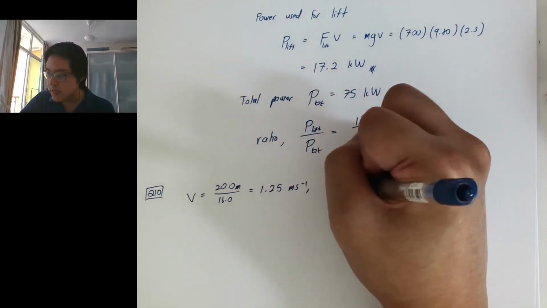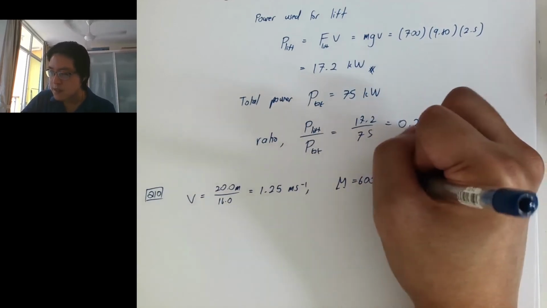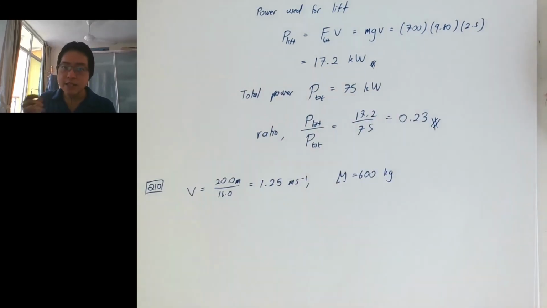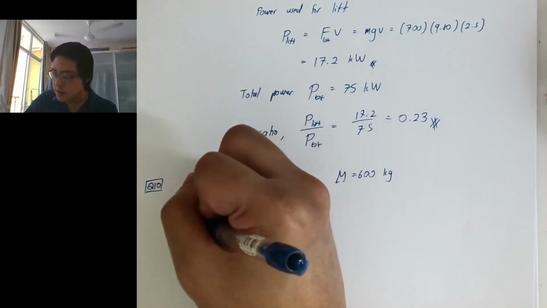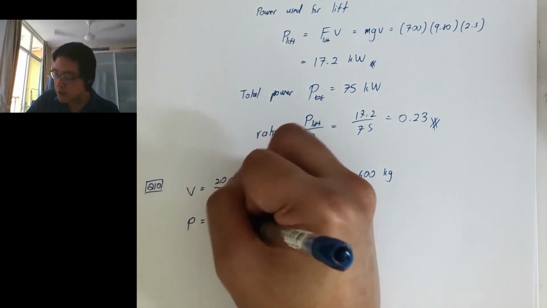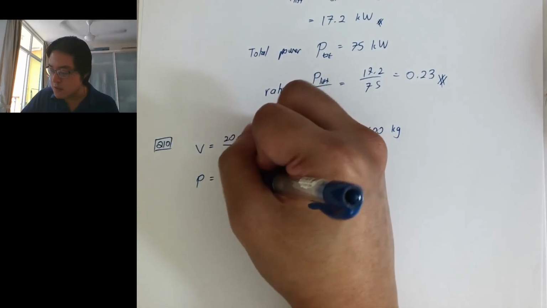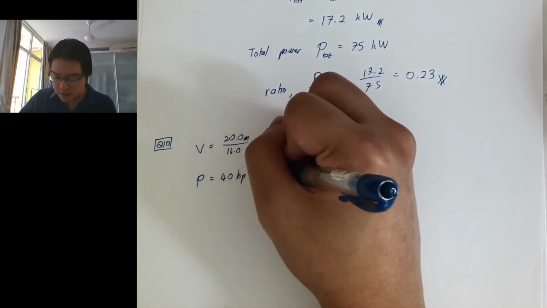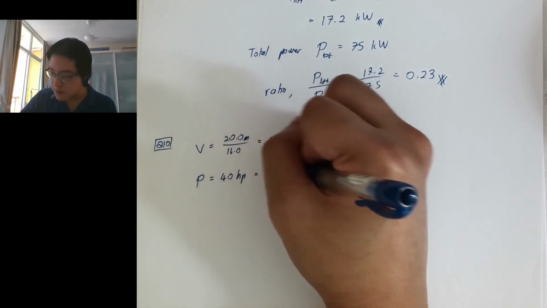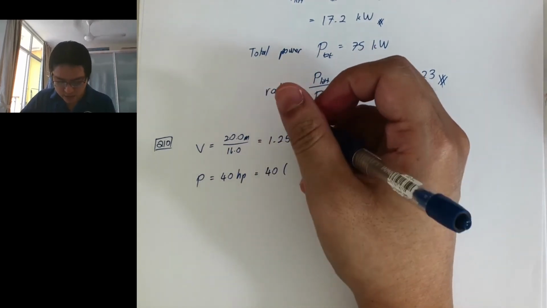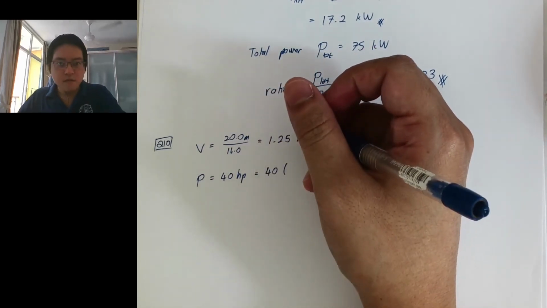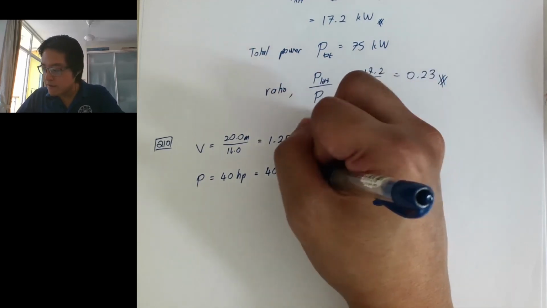The mass of the elevator without passengers is 600 kilograms, and it's driven by a motor that can provide up to 40 horsepower. According to the question, 1 horsepower is 735.5 watts.